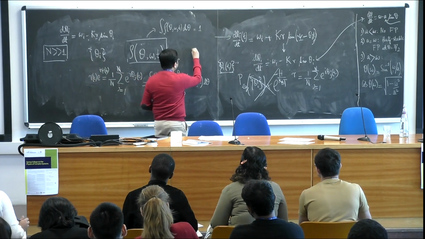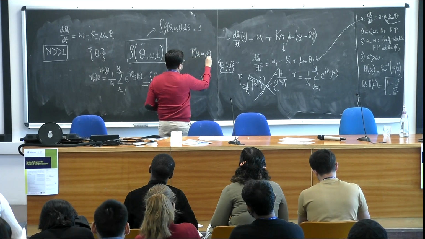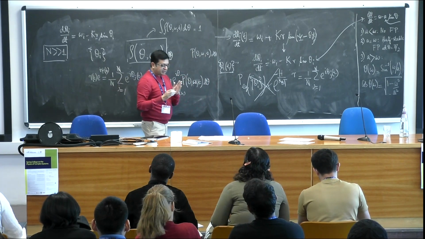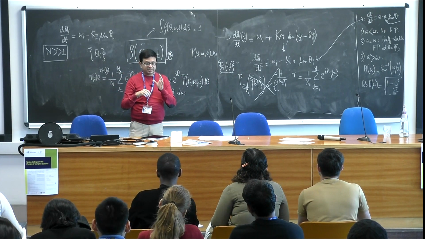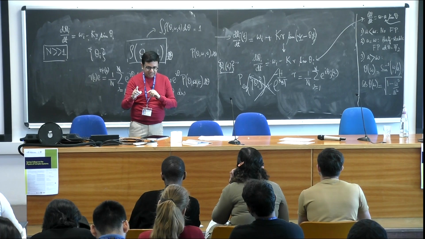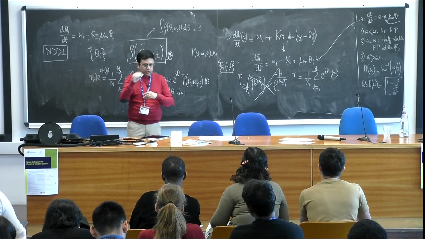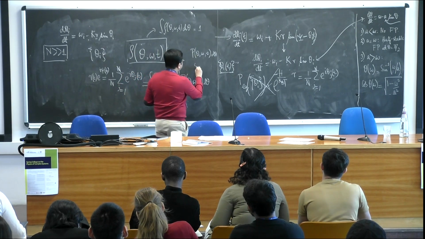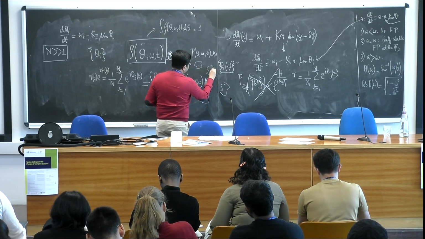Okay. So look at the way this is defined. It gives me the fraction of the total number of oscillators with frequency omega. So this omega is given to me. So in that group, how many are there with angle theta? So these are the different groups, red, blue, yellow.